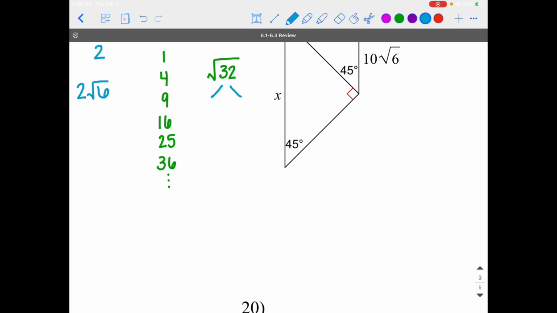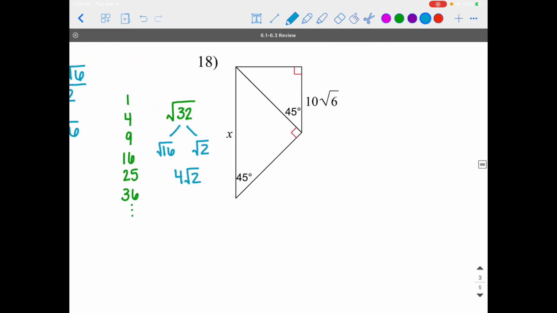So if I take 32 divided by 36, doesn't go in evenly. 25 doesn't go evenly, but 16 does. 32 is 16 times 2. And we know that the square root of 16 is 4, left with the radical 2. So square root of 32 simplifies to 4 square root of 2.